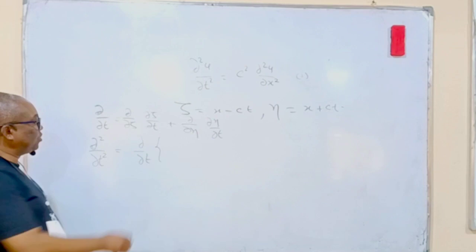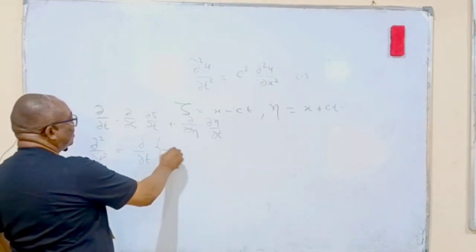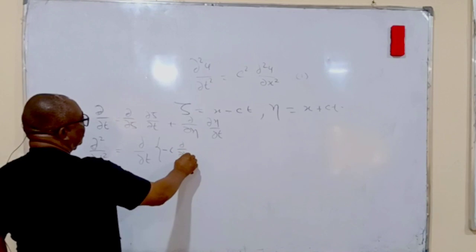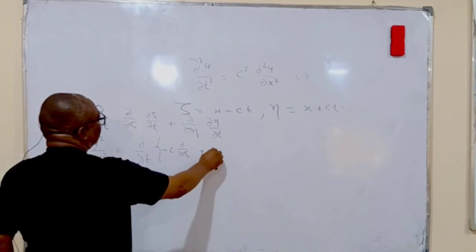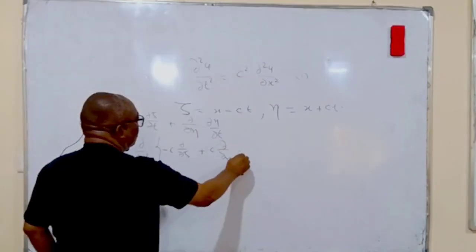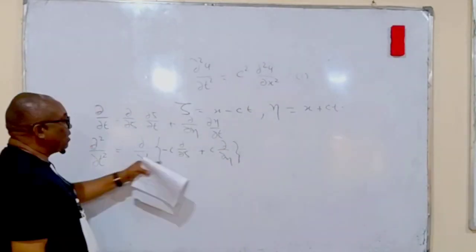To shorten it, you're going to have a minus c of partial by partial this plus c partial by partial theta. Now, you will see we have something like this.